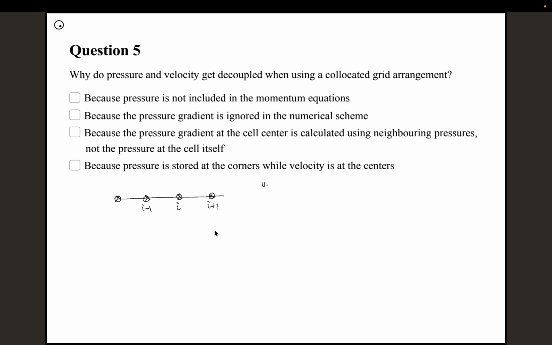So by continuity, we'll have something like i plus 1 minus i minus 1 going to 0, and the pressure equation will also have something like the same.